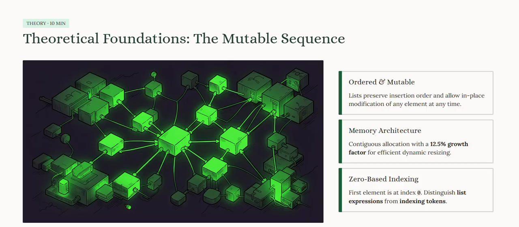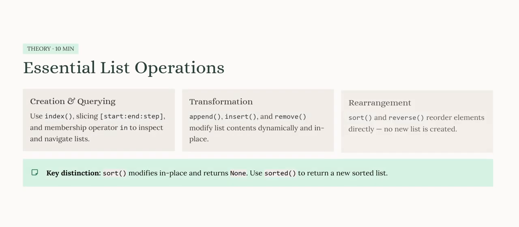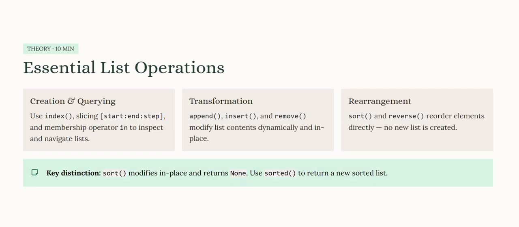Now next, essential list operations, creation and querying. Use index, slicing, and the membership operator in to inspect and navigate lists. See, we have done slicing in our previous lecture. First we give the start and then the step. And membership operators, we have done two of them, is and in.